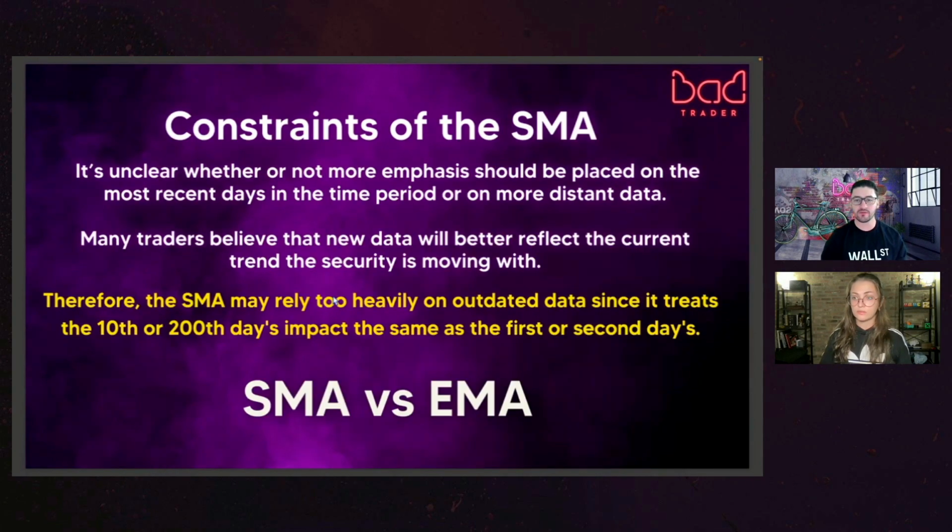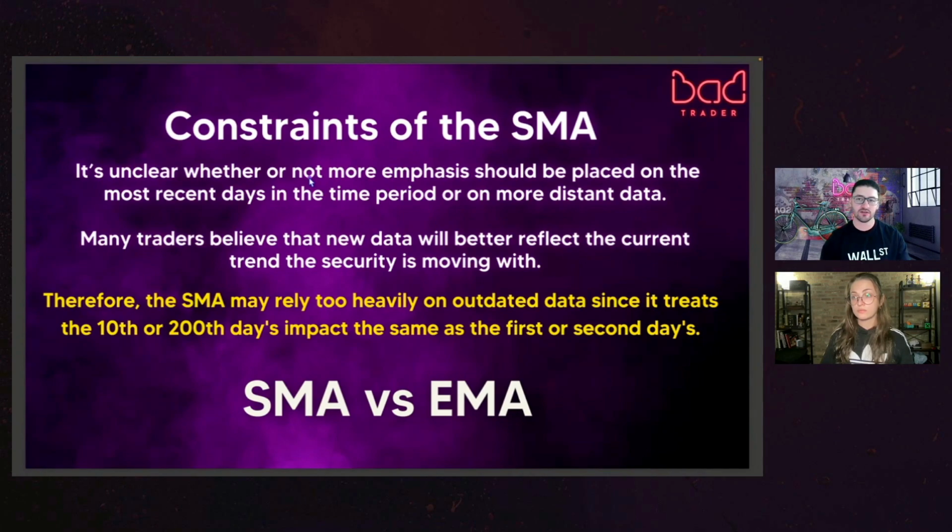Julia, what I was talking about, also the constraints of the simple moving average, is that many traders right now are unsure whether it's more important to put more importance on recent weeks and days, or to put equivalent importance on all of the days.